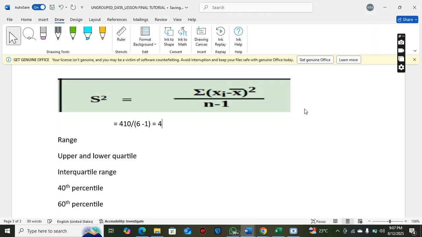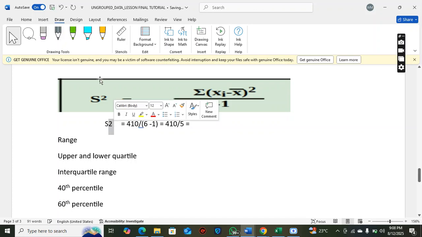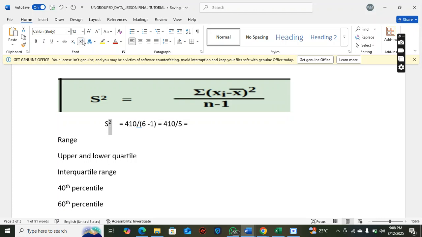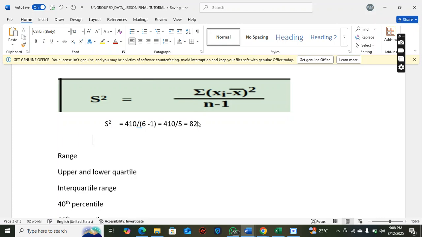So 410 divided by 5, what do we get? 82. Okay, so that's the variance. Basically, the standard deviation squared.